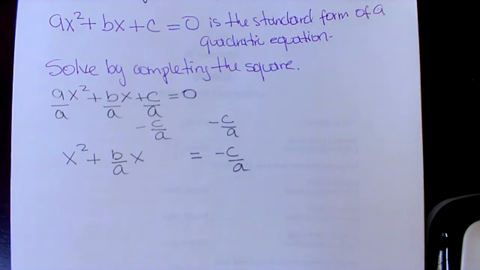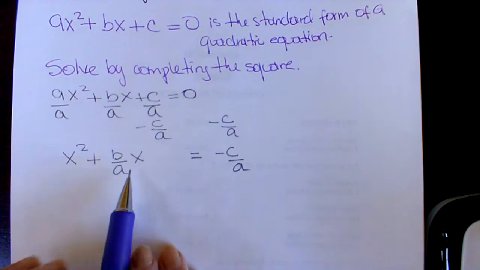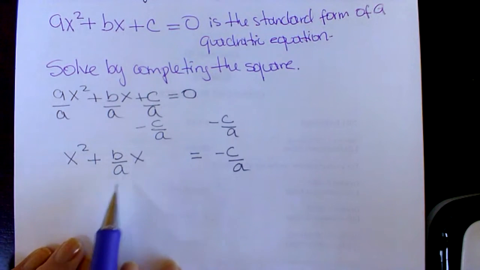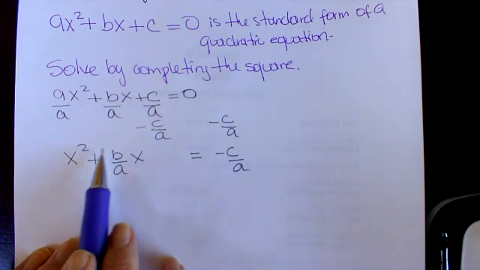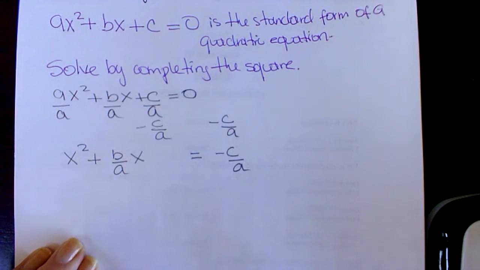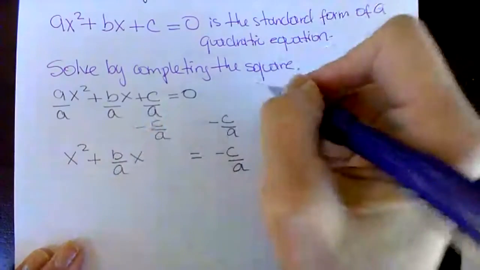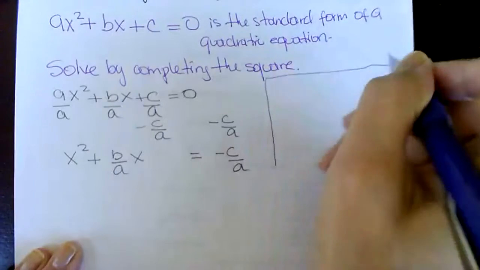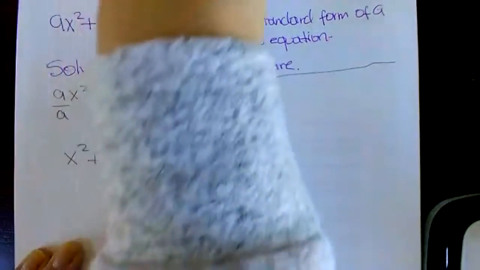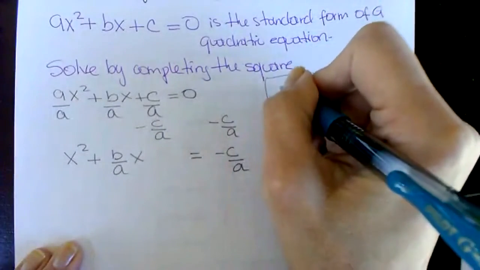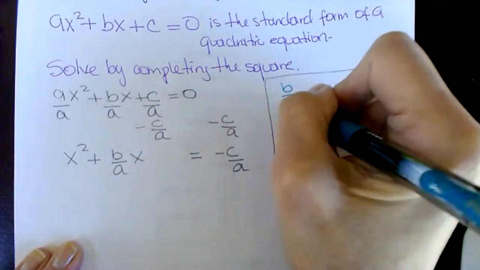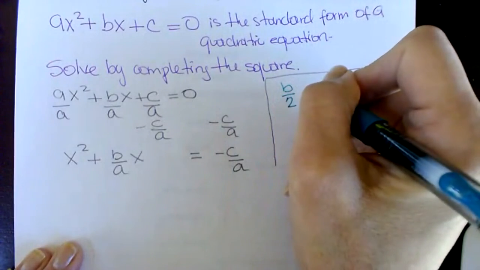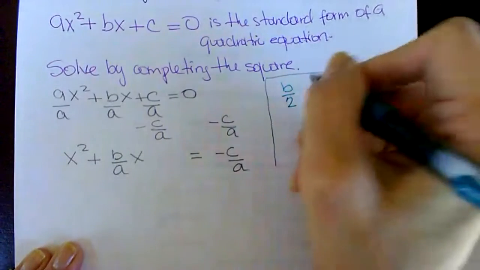We're doing okay so far? Now, remember, we take this term and we divide it by 2, and then we square it. So let's do that on this side. We take b over a and divide it by 2. What happens when we divide by 2?